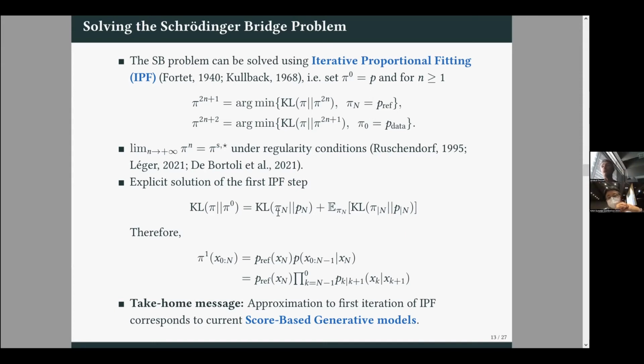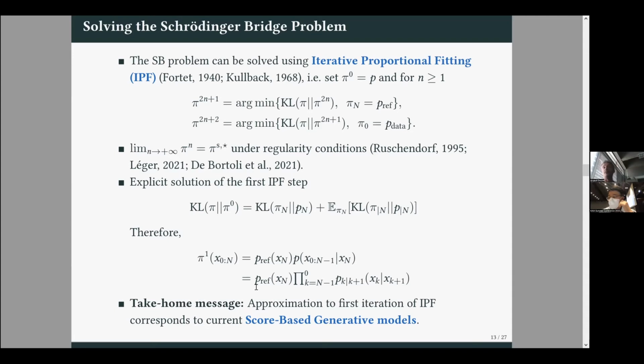And you say, well, I want to compute pi_1, okay? Well, it means that I have to minimize the KL between pi and pi_0, which is P, subject to pi_n being equal to p_ref, okay? Well, by a simple decomposition of the KL, you can see that the solution to this problem admits some kind of explicit form. And the explicit form is as follows.